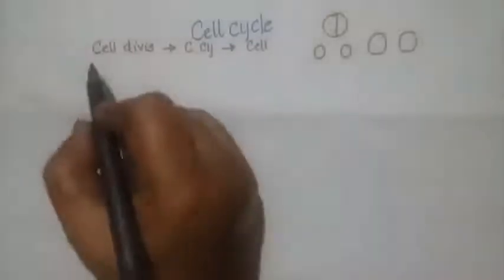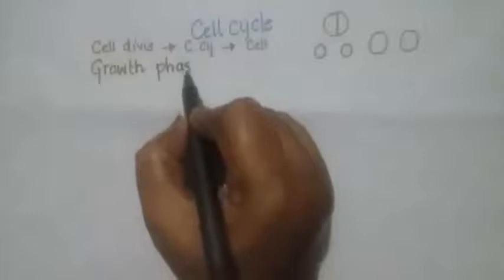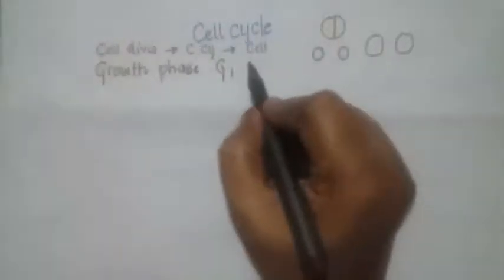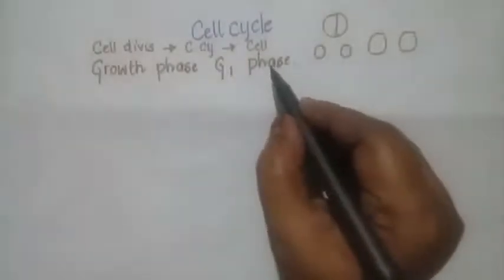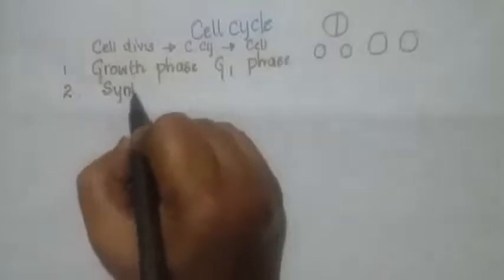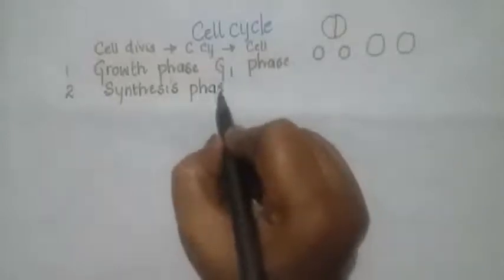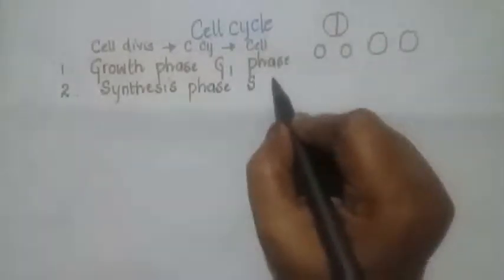So the cell cycle comprises 3 steps. The first step is known as growth phase 1, the G1 phase. After the G1 phase, there is a second phase known as the synthesis phase, which is known by the letter S phase.